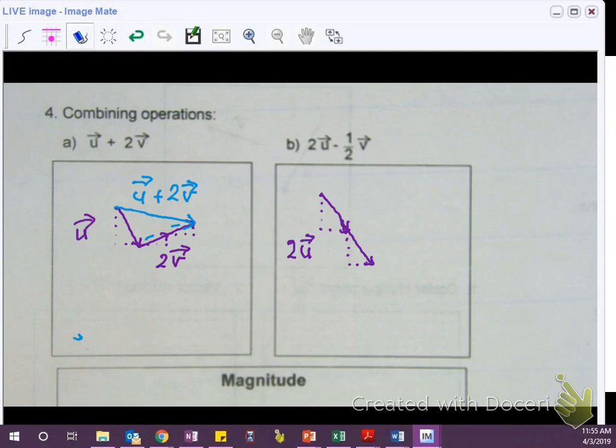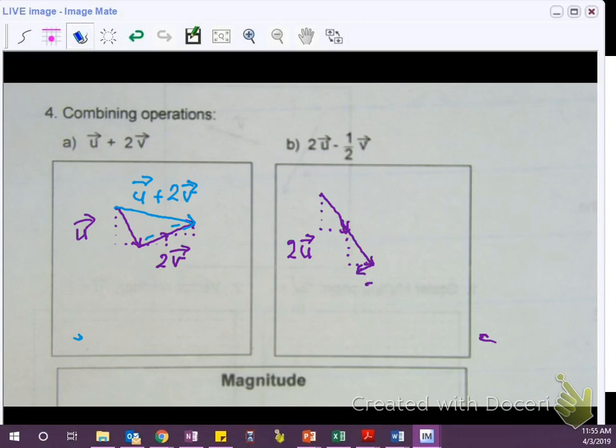Now I'm going to subtract half of V. So instead of left 3 and up 1, we'll go left 1.5 and up 1/2. Oh, no, we're going to go down because it was going up before. So we're going to go left 1.5 and down 1/2.